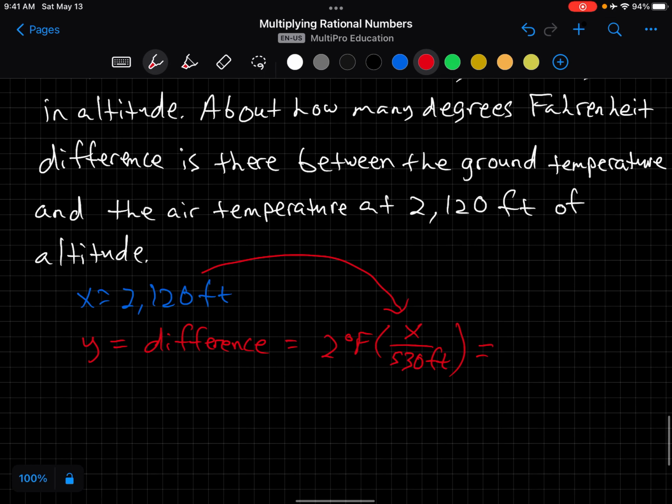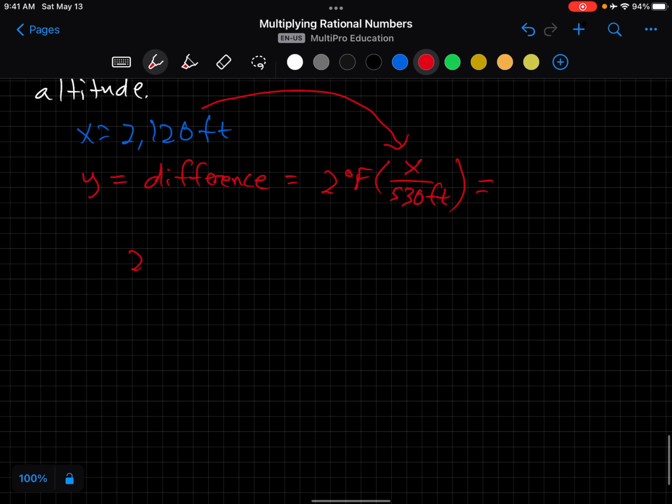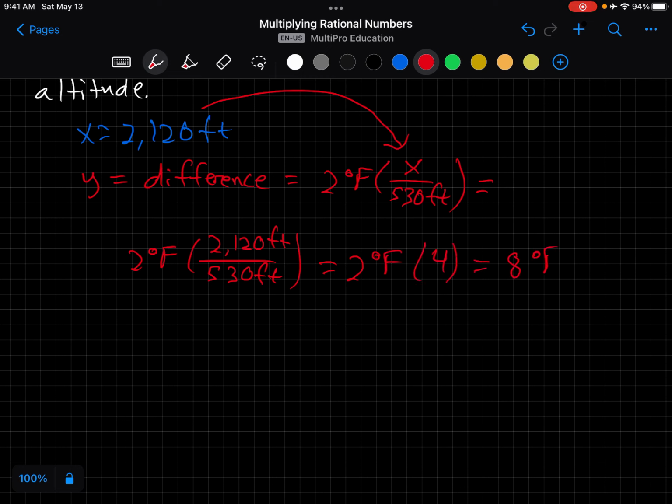So let's do this. 2 degrees Fahrenheit times 2,120 feet over 530 feet. So this is 2 degrees Fahrenheit times 4, which is 8 degrees Fahrenheit.